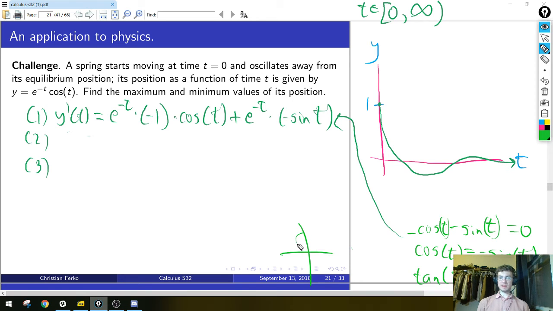Maybe it helps to look at the unit circle. You don't remember? Okay, so where are the points where the x value is the negative of the sine value?